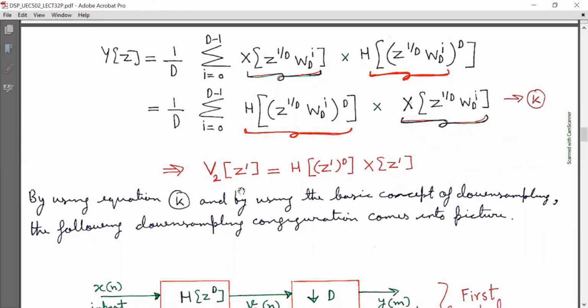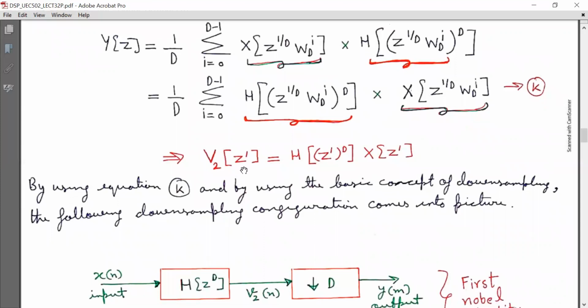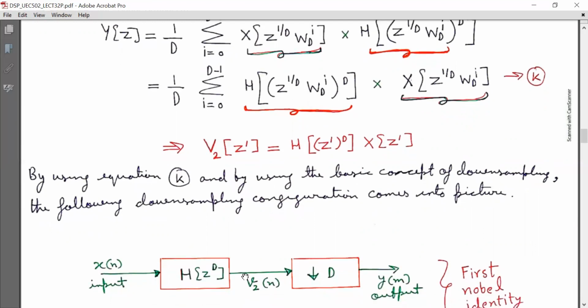That is, as motivated by equation K, I can define V2(z') equal to H(z')^D into X(z') as shown on the screen. Now this V2(z') can be further processed through a downsampler to give the same output V(z). So by using equation K and the basic concept of downsampling, the following downsampling configuration comes into picture.